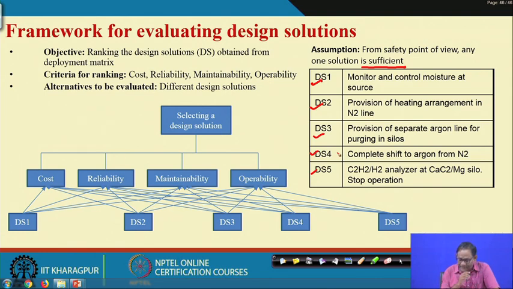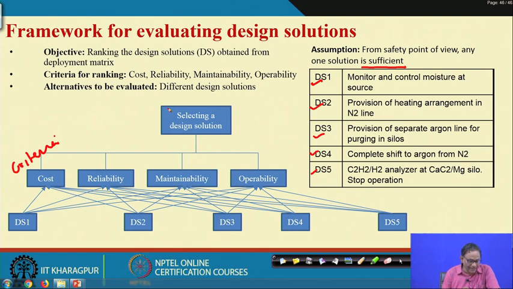So, once you have several design solutions, you are required to choose the best one, and you require some criteria for that comparison. For example, if I have these 5 design solutions and want to select the best one, then there is a set of criteria which help you get the best one.